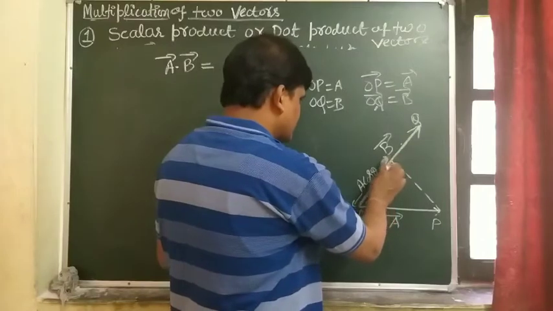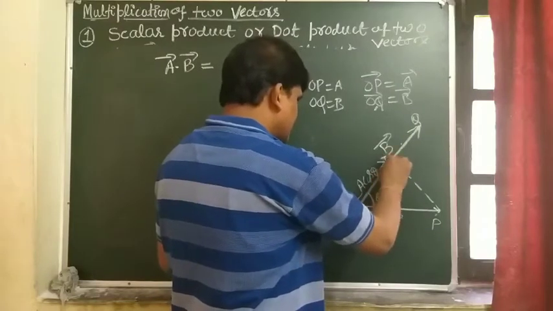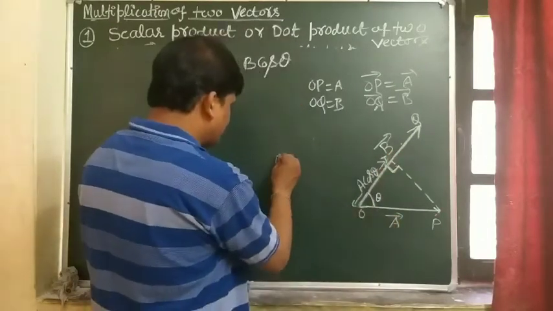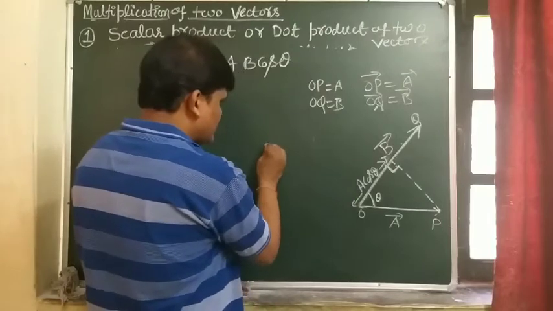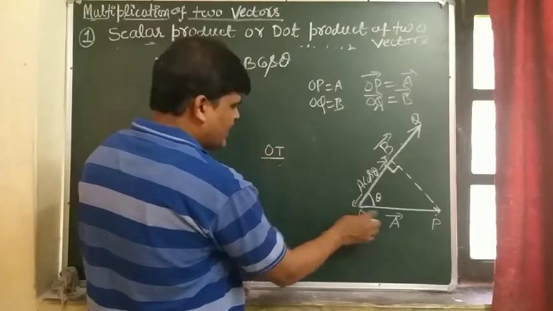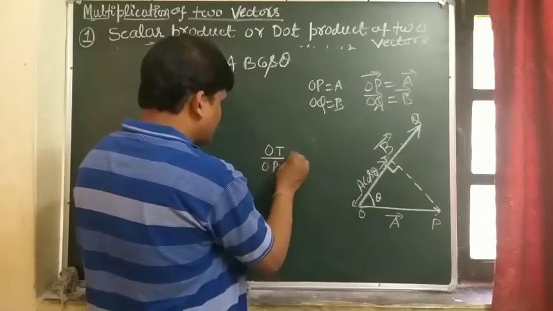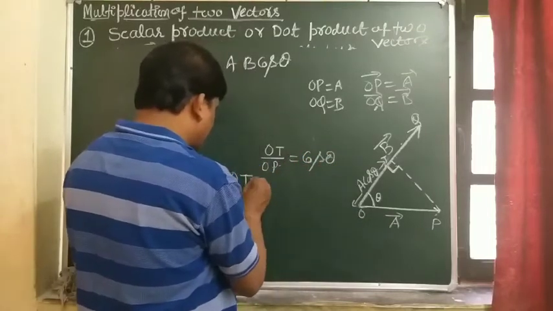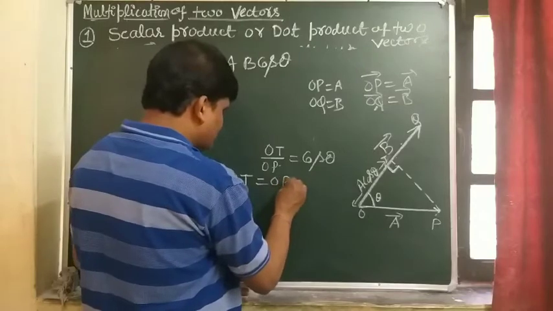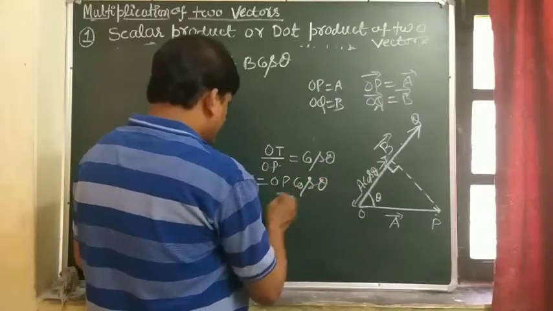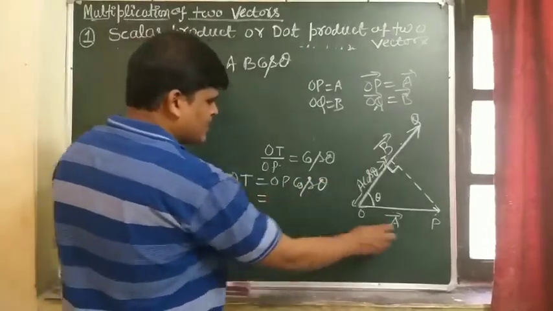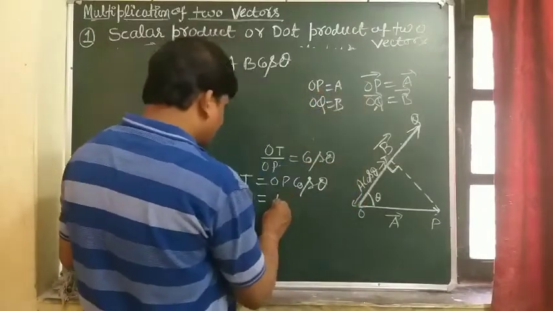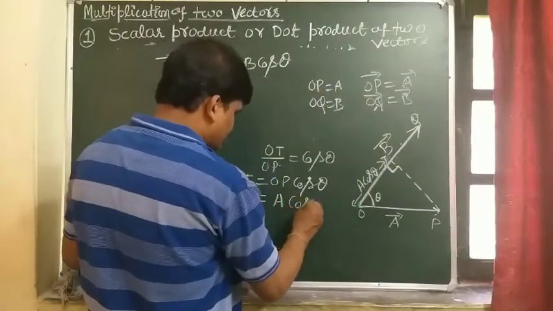Suppose that this is T. In this case, base by hypotenuse is OT by OP, which is cos theta. So OT is OP cos theta, and OP is the magnitude of vector A, so OT is A cos theta.